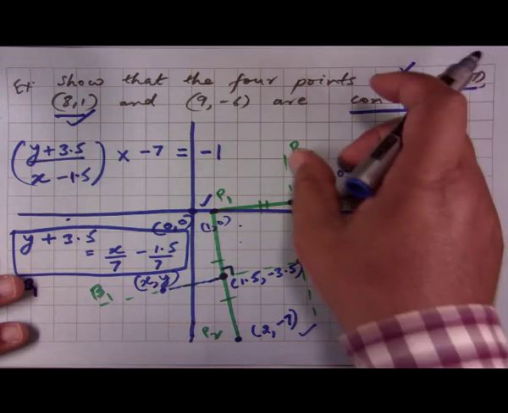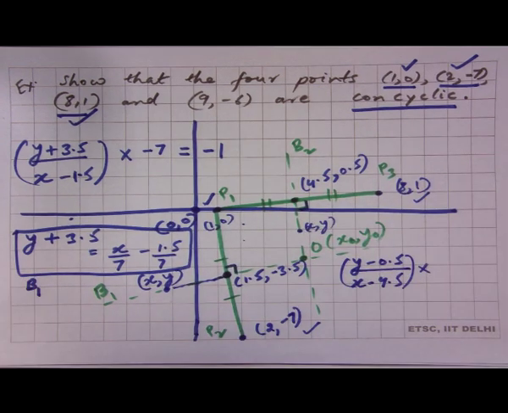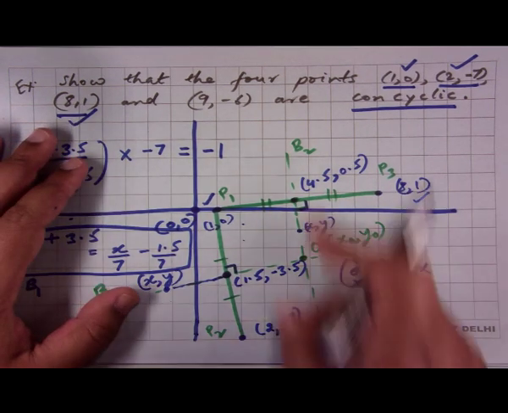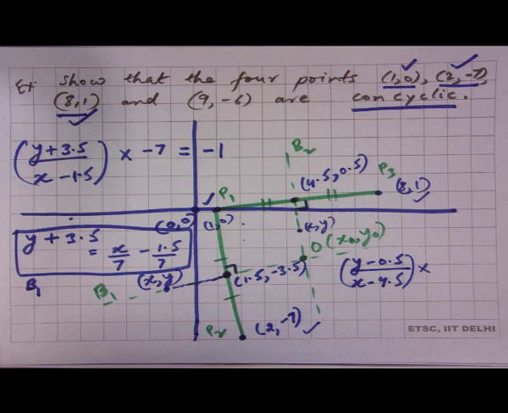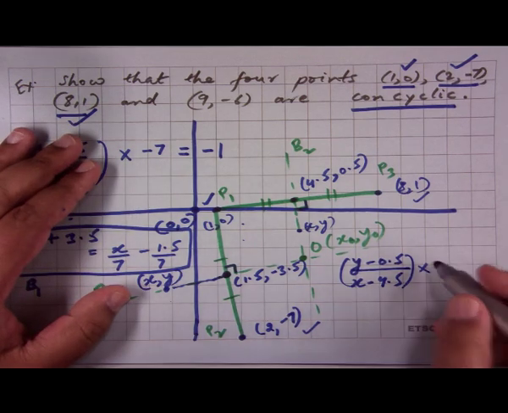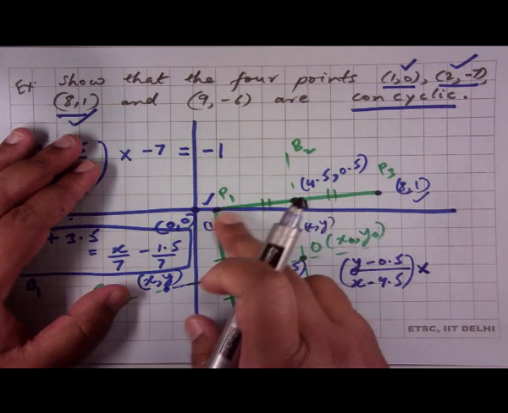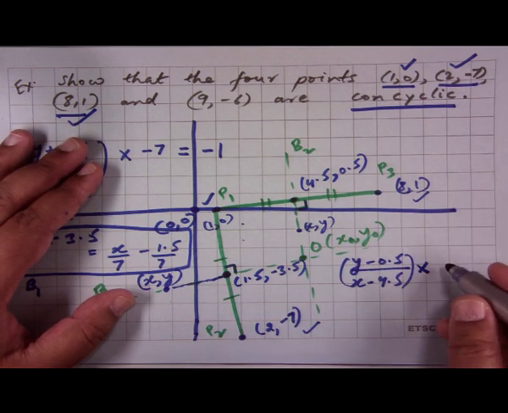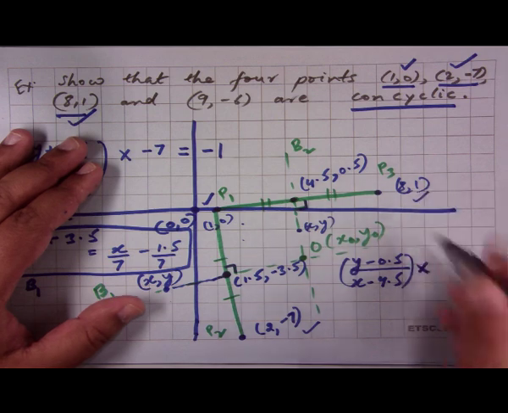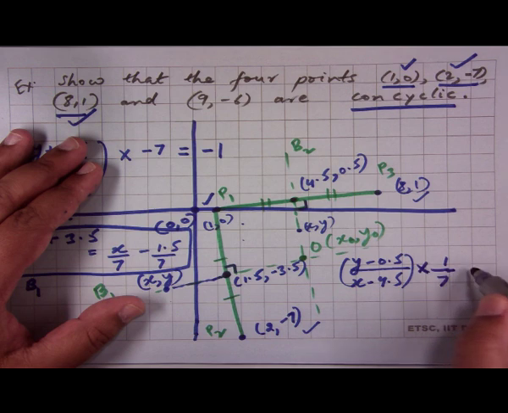Since this perpendicular bisector and the chord are at 90 degrees, the product of their slopes will be -1. Therefore, this times the slope of the chord, which is 1 upon 7, equals -1.